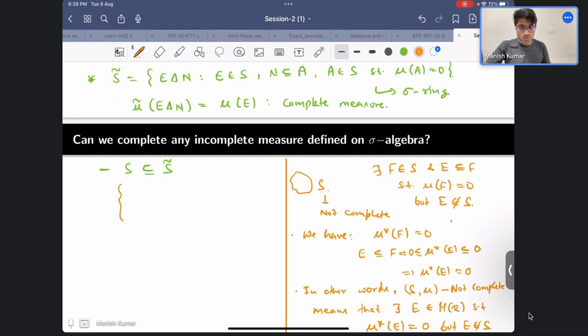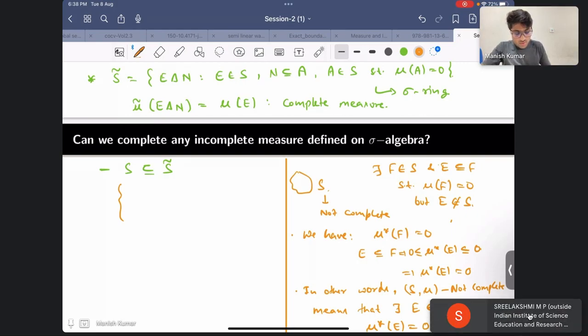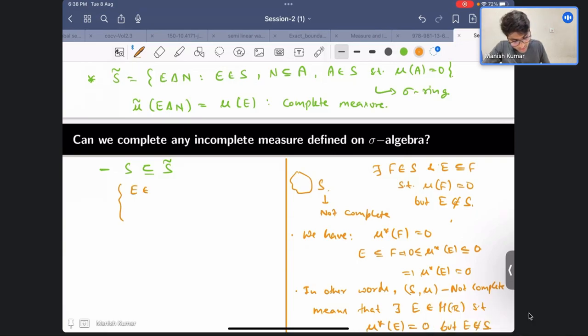What you have to show is that S is contained in S tilde, right? So let E be in S. This should be the starting point, that you choose some element from here and then you show that it is in this one.